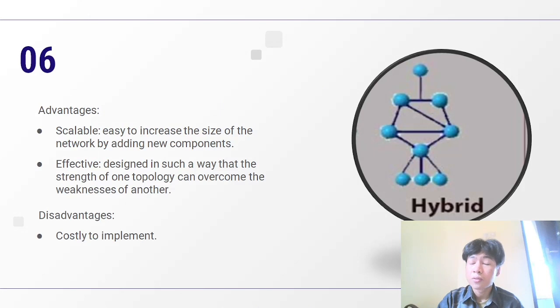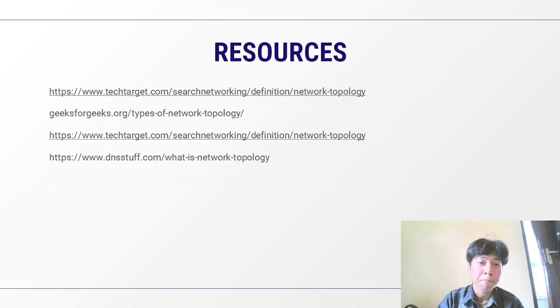The advantages of this topology are: it is scalable, easy to increase the size of the network by adding new components. And number two, it is effective, designed in such a way that the strength of one topology can overcome the weakness of another. And the disadvantage of this topology is that it is costly to implement.